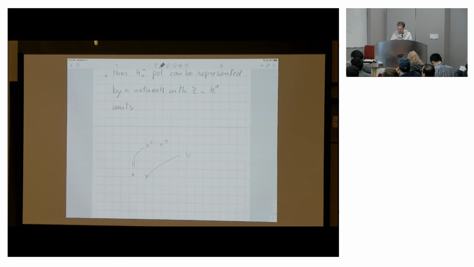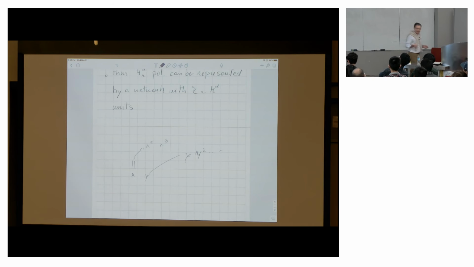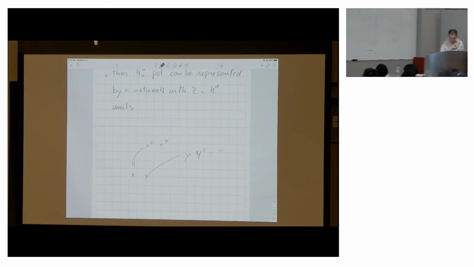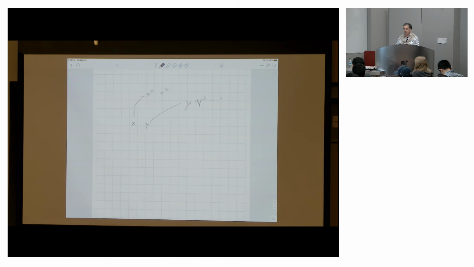And same for y. I can get y squared and so on. But how can I get the mixed terms, like x times y? For simplicity, let's assume that my nonlinearity now is a square. Then I can get x plus y, and the square will give me the square, right?